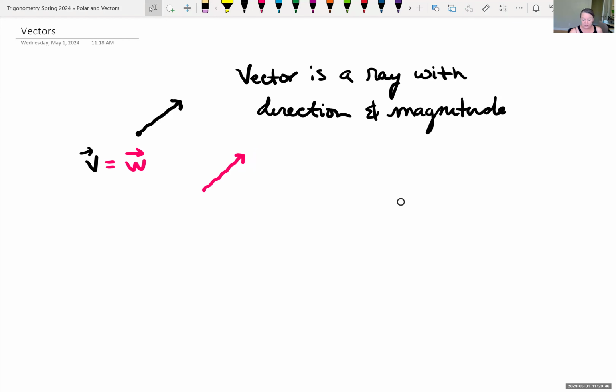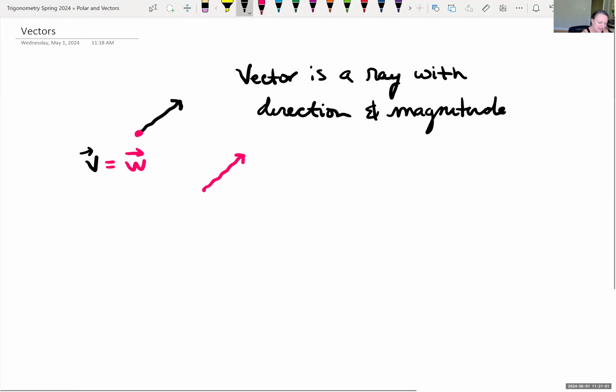When we're adding two vectors geometrically, what we're doing is taking the starting point of one vector and putting it on the tail of the other vector.